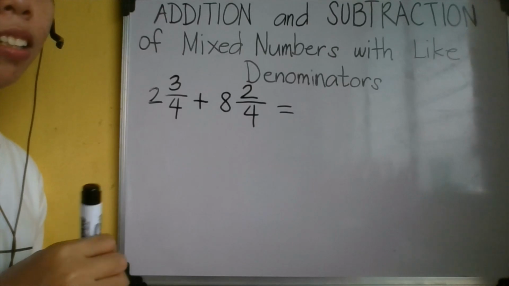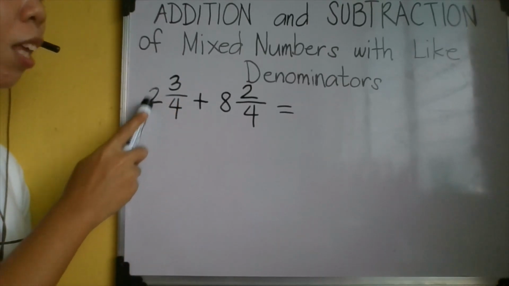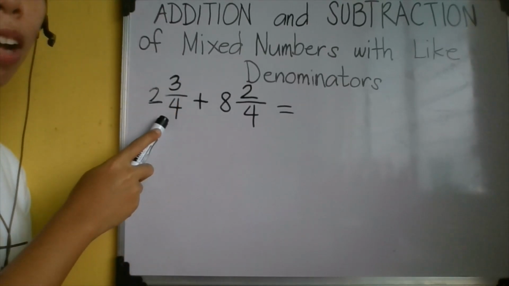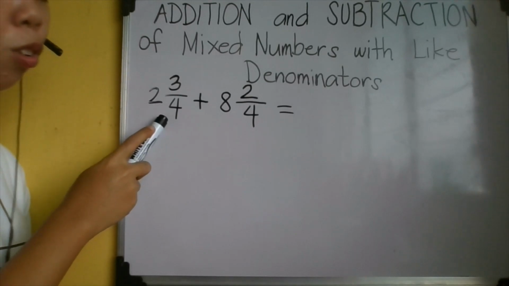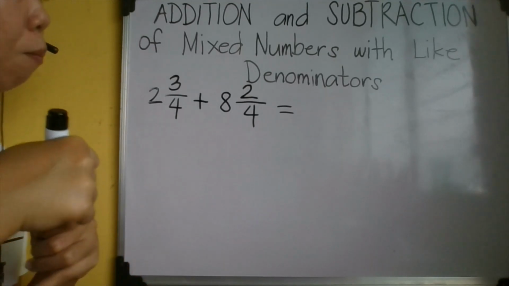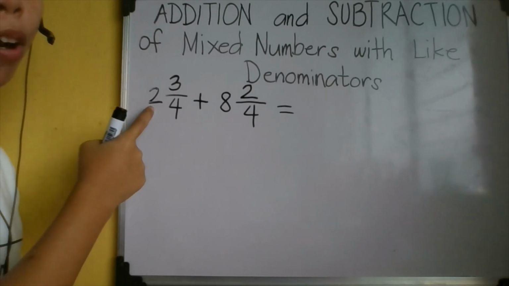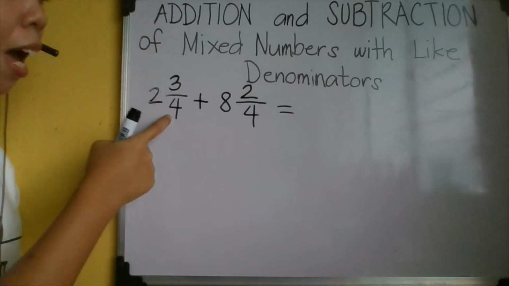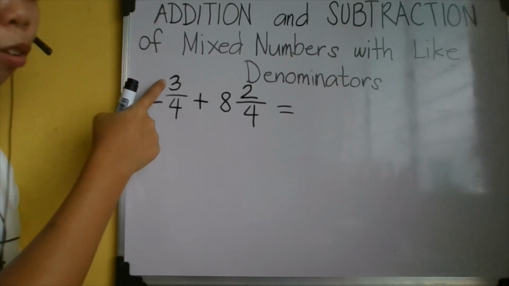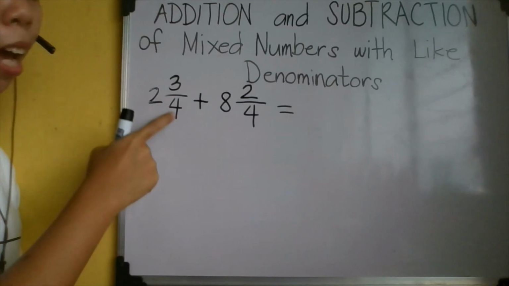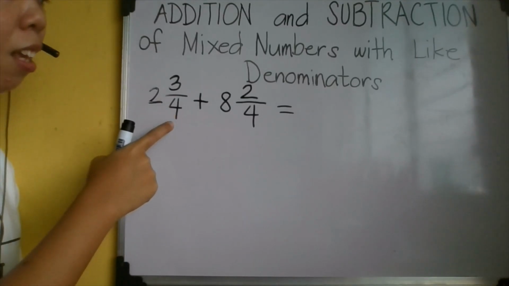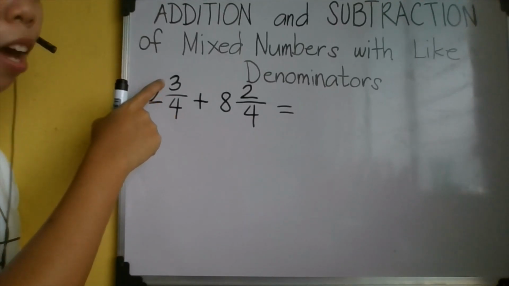To change 2 and 3/4 into an improper fraction, we multiply the whole number by the denominator and add the numerator. 2 times 4, 8, plus 3, we have 11.